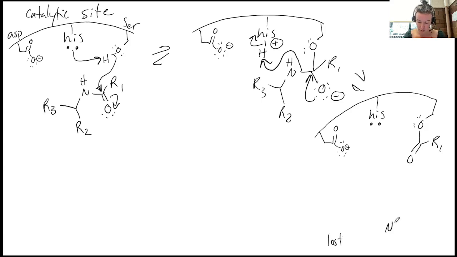So now we have broken off half of this peptide. But you'll notice that we cannot possibly be done with the mechanism because our catalytic serine is still forming this covalent bond to substrate. You know this is a hydrolysis, so let's bring in our good friend water to help us finish up this mechanism.